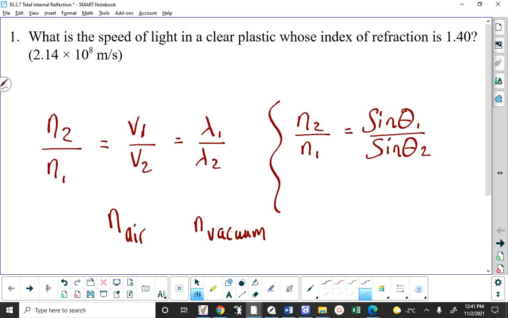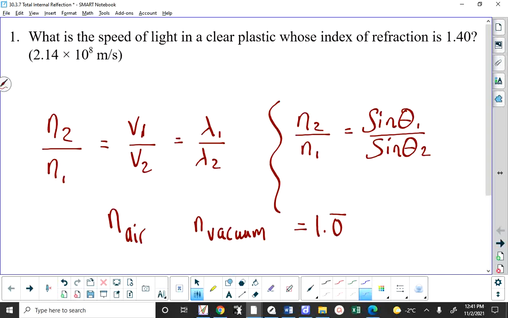It's an index of refraction of light in air. But that's the notation we use. In a vacuum, this is equal to 1.0 exactly by definition. It's the least dense optical material that light can travel through, which means it travels as fast as it possibly can, which is the speed of light in a vacuum.